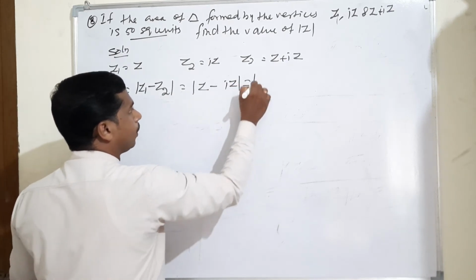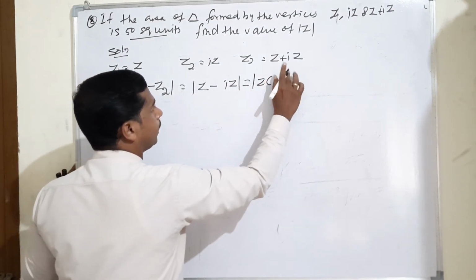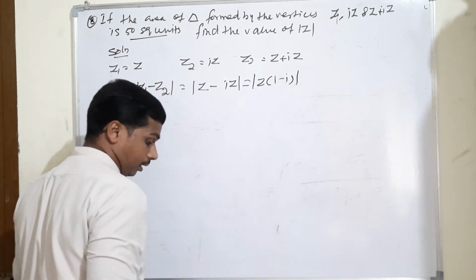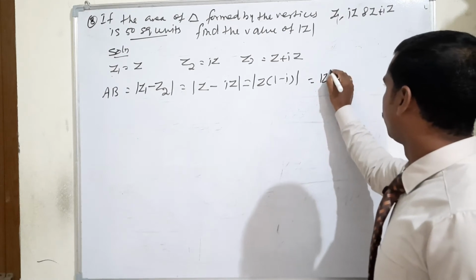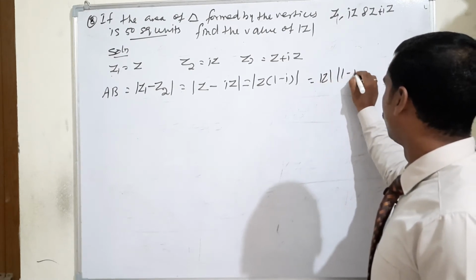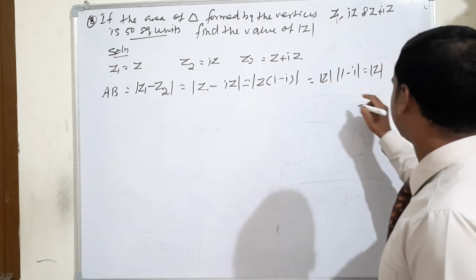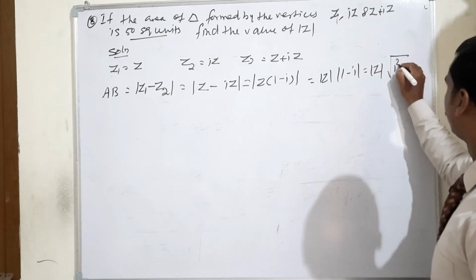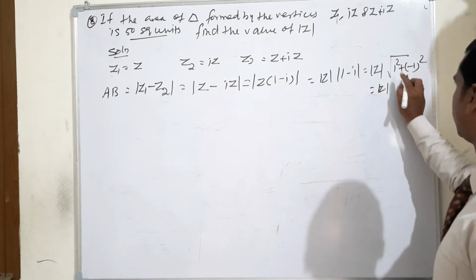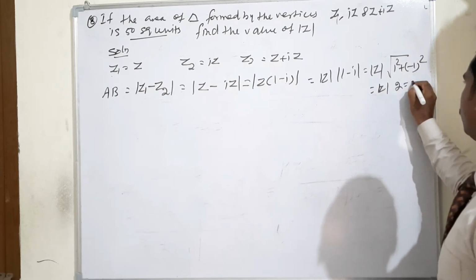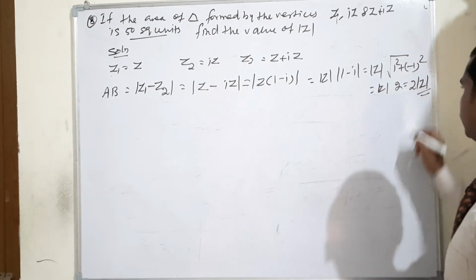Taking Z common outside, 1 minus i will come. Now you can separate modulus Z and modulus of 1 minus i. Modulus Z as it is; removing the modulus on 1 minus i gives the square root of 1 square plus minus 1 the whole square. Therefore modulus Z times root of 1 plus 1, that is root 2, will come. Therefore, the first answer is root 2 modulus Z.